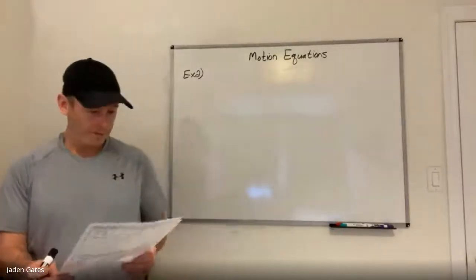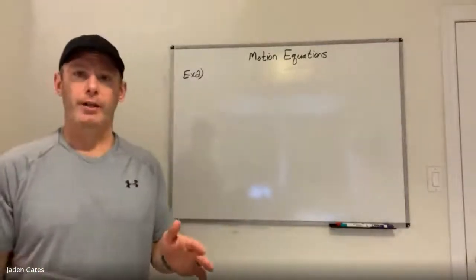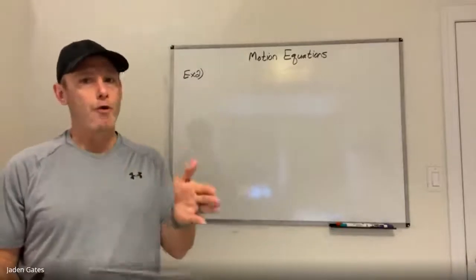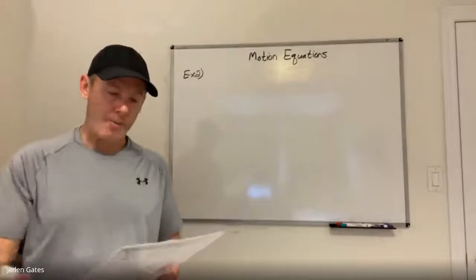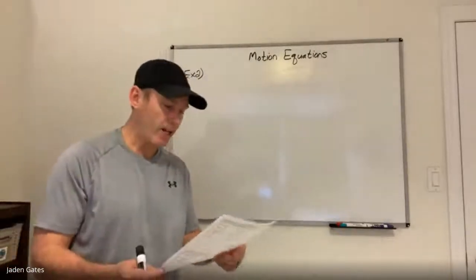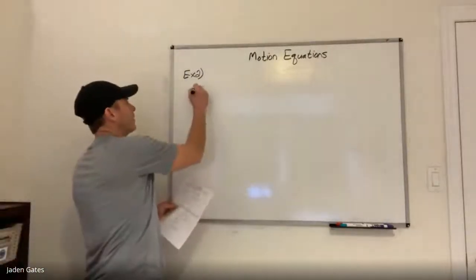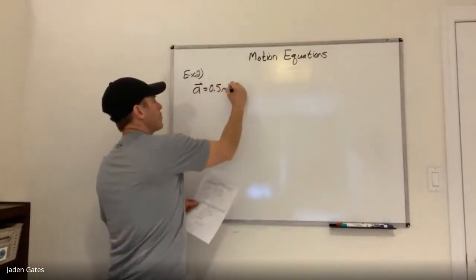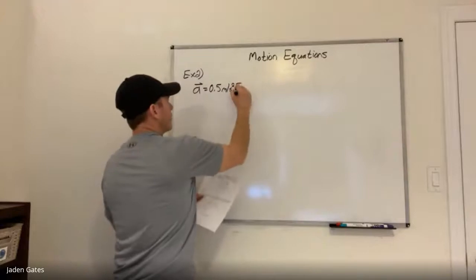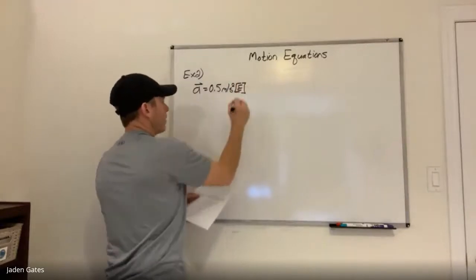Okay, so a police car is traveling. So right there, it's moving, so I don't know what the initial velocity is. Then the speeding car passes it. Now the police car accelerates at a rate of 0.5 meters per second squared east. All right, so there's the first thing.